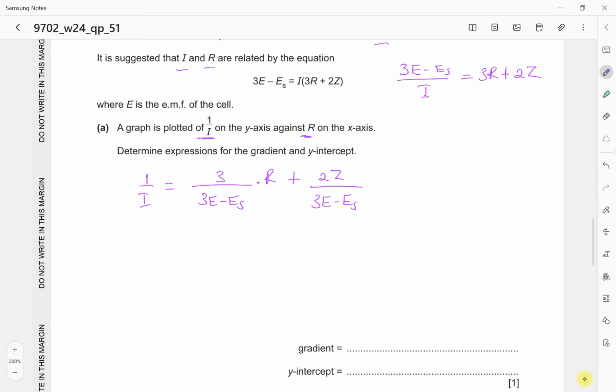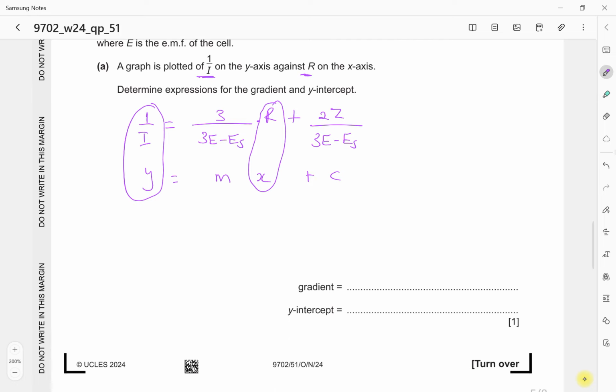When I compare this with the equation y equals mx plus c, you notice that on the y-axis is 1 over I, and on the x-axis is R. So the gradient is 3 over 3E minus ES, and the y-intercept is the remaining term.